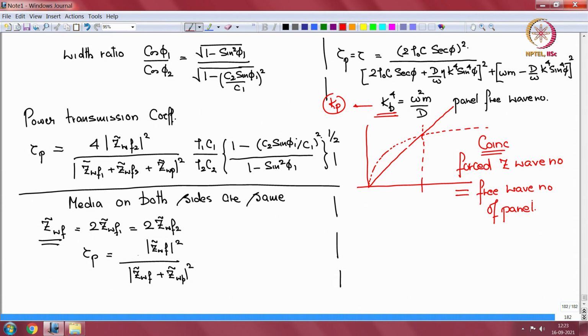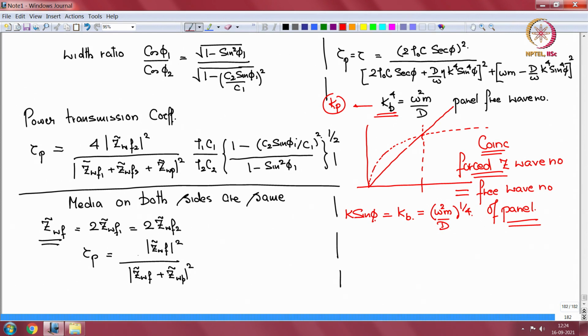It's like resonance. What I am forcing is equal to what is naturally liked by the system. So forced z wave number is k sine phi. So k sine phi must be equal to kb, which is omega square m by d to the power 1/4.